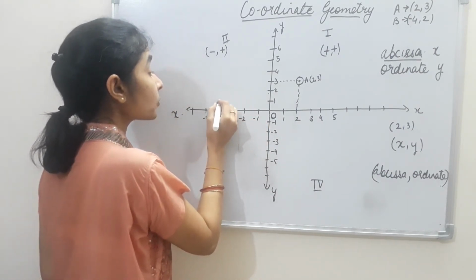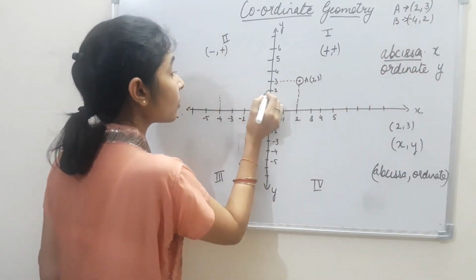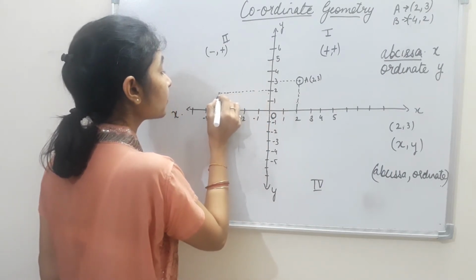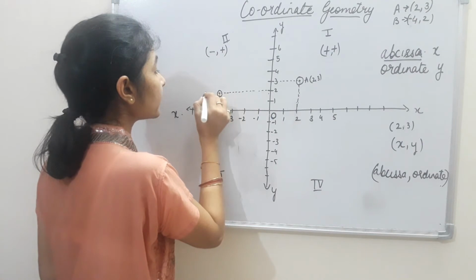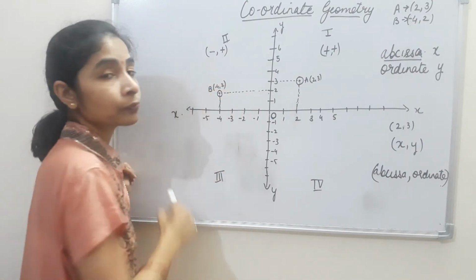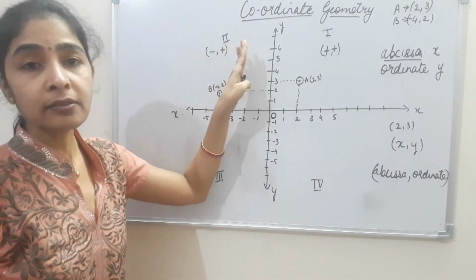Now the position on the y coordinate is given as 2, so it will go up to here only. So this is our point B, where these two intersect. This is the point B, and that is -4 and 2. So x negative, y positive comes in the second quadrant.